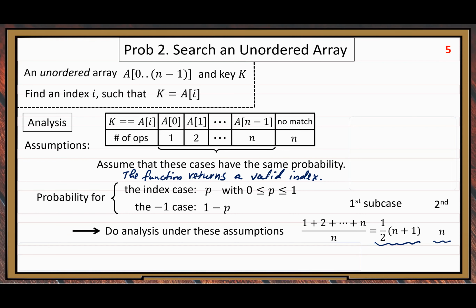And we know the first subcase has corresponding probability P, and the second subcase has corresponding probability 1 minus P. Now you tell me, what is the best way to put these two subcases together in a fair way?